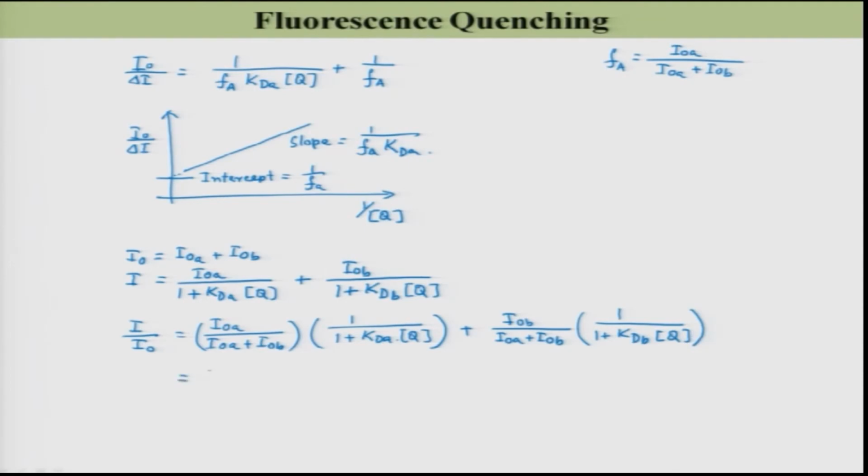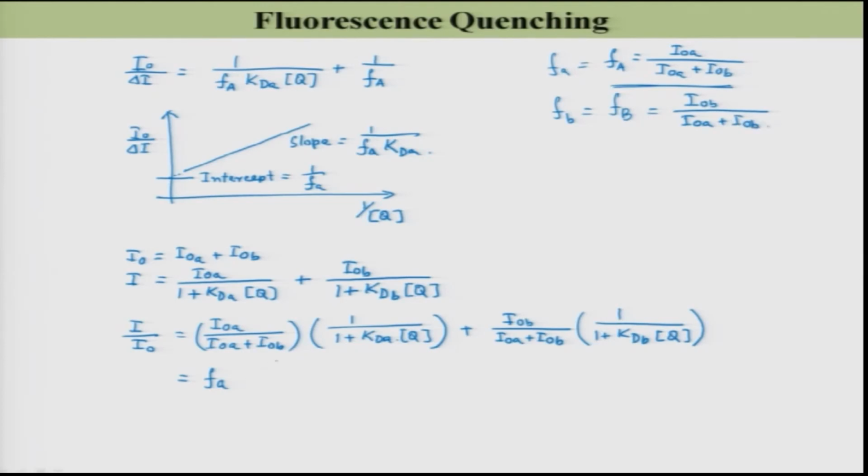So, I will write this as Fa, that's what I have defined this way. Here you see Fa, Fb, this should be small a, anyway it does not matter, same thing. So, I0B divided by I0A plus I0B is defined this way.